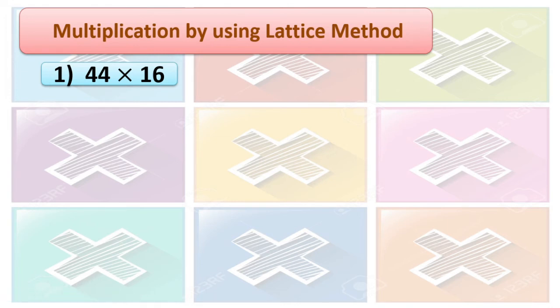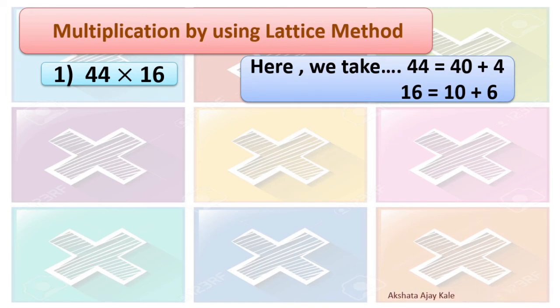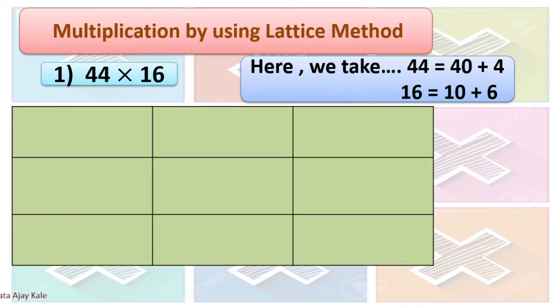We are going to write the expanded form of both numbers. See this, 44 we can write as 40 plus 4, and 16 we will write 10 plus 6. Correct? See the table.